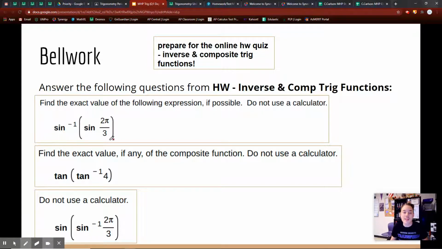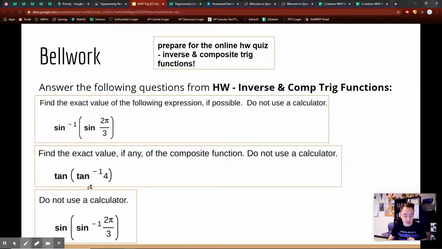So when you see something like that, instead of sine and then cosine in the middle, or tangent and then sine in the middle, you're going to be using those formulas, those guidelines for the restrictions from 5.7. On that very important slide that I told you guys to write down, you're going to be using those and those only.